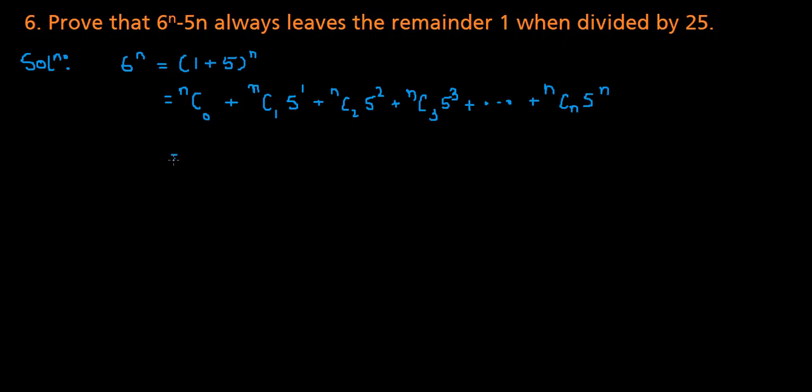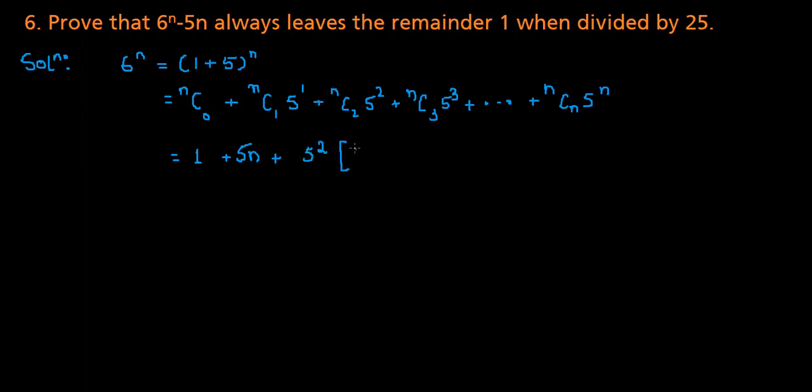Then we're going to open the coefficient. So this is 1, this is n times 5, which is going to be 5n, plus nc2. We're not computing the value for nc2. Instead, we're going to factor out 5 squared.